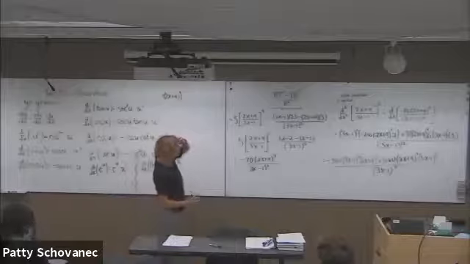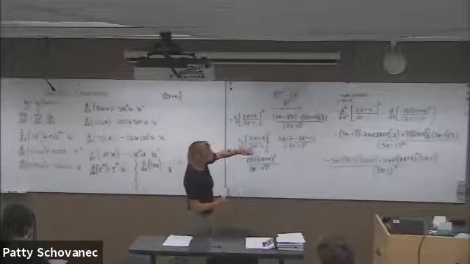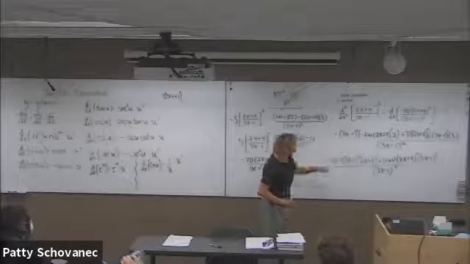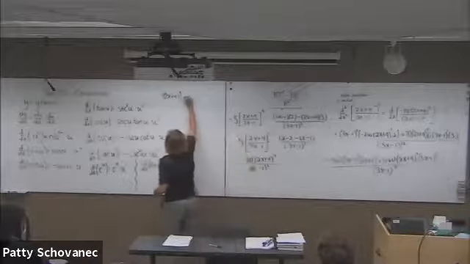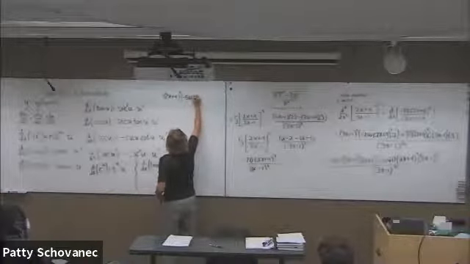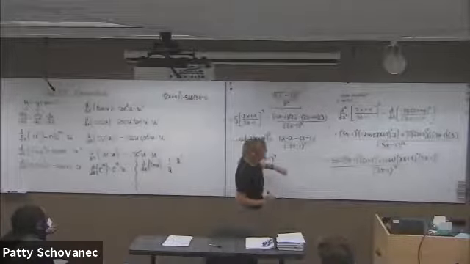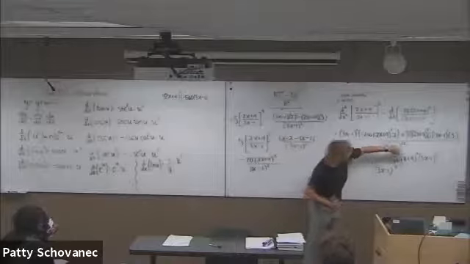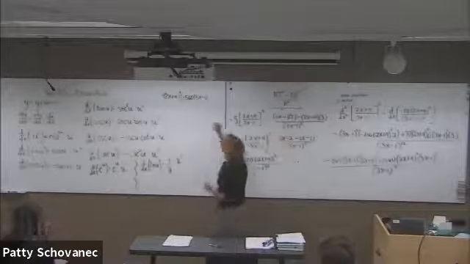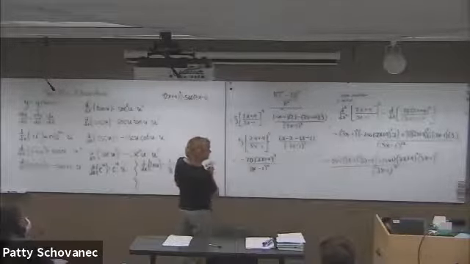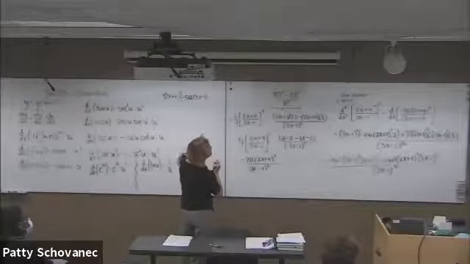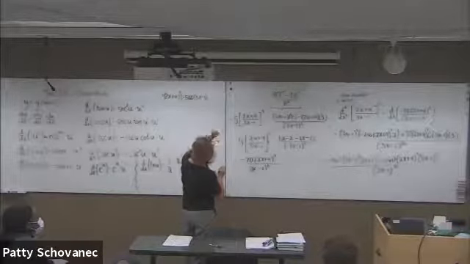Let's see what's left. I've got the negative 560 with the 3x minus 1. Then I've got plus 1260 times 2x plus 4 to the 4th. Oops, I would pull 3 of them out. So that's 2x plus 4 to the first.